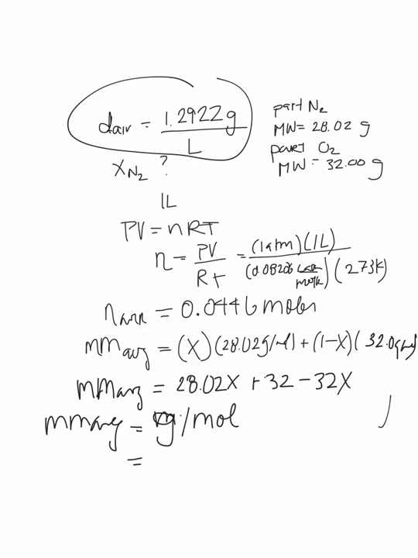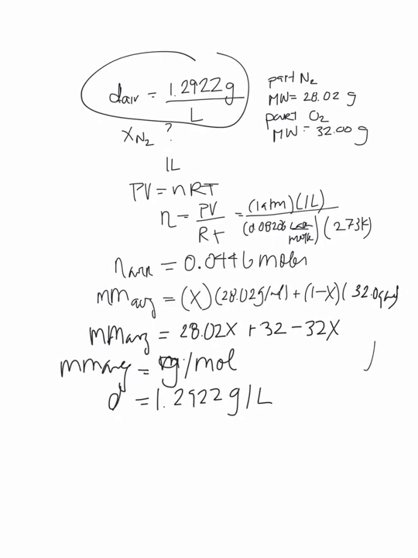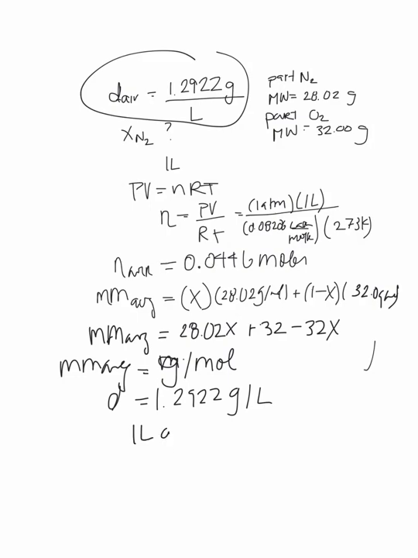So we know we have a density of 1.2922 grams per liter, and if we have 1 liter of gas, it contains 0.0446 moles.